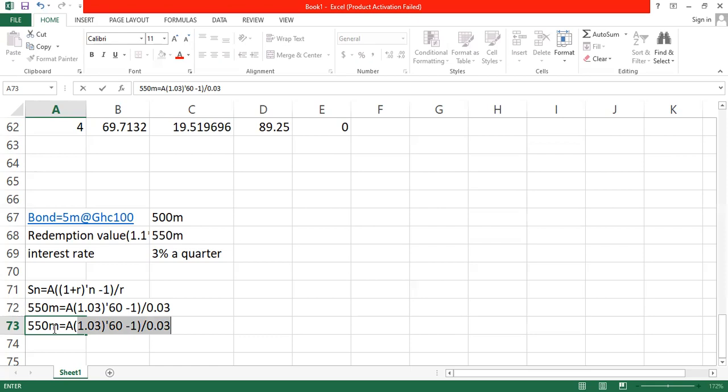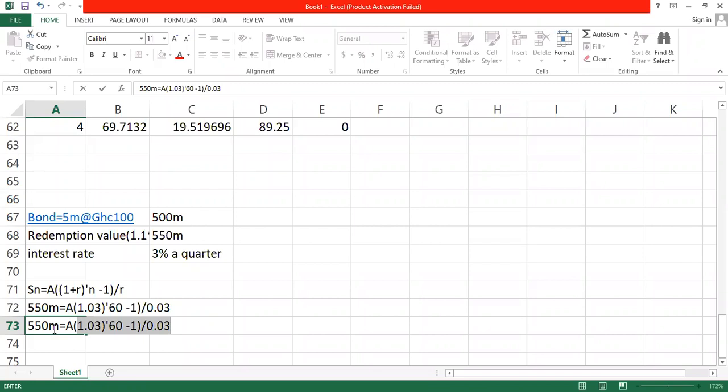Minus what? 1, isn't it? Minus 1. Yes. 4.89, all divided by 0.03. That gives 163.05.